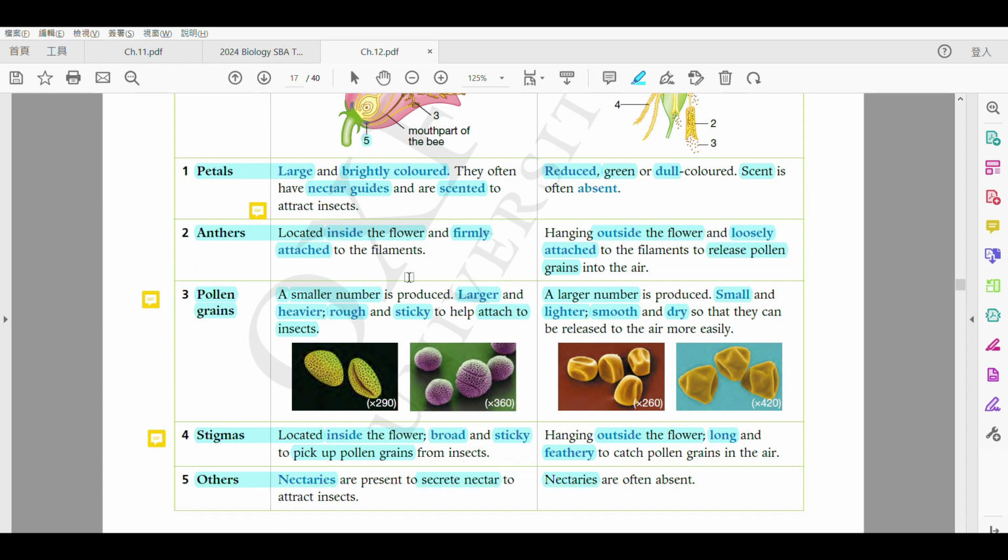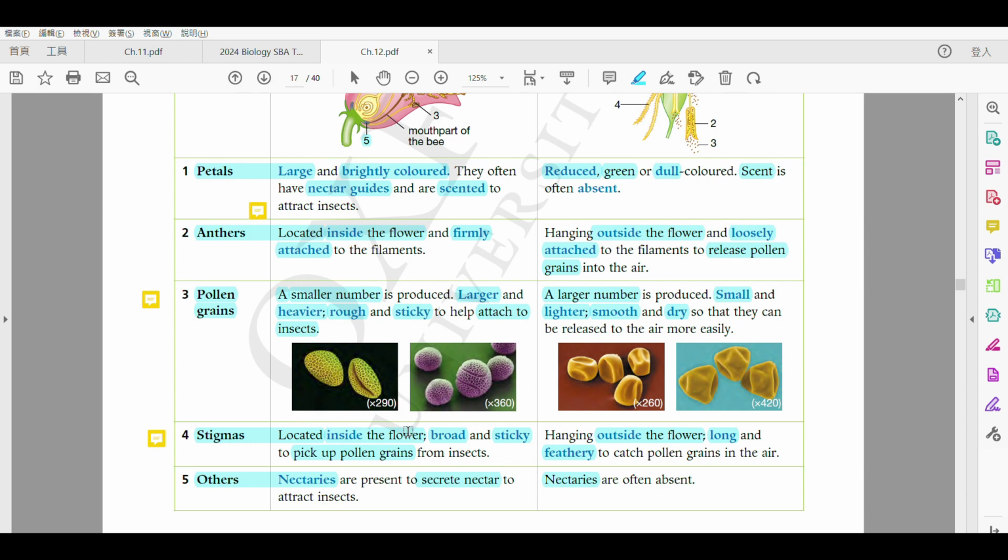And then the next part is the anther and stigma. For an insect pollinated flower, they are inside the flower, and they are firmly attached. They just want the pollen grain to be stuck on the insects. The same for stigma.